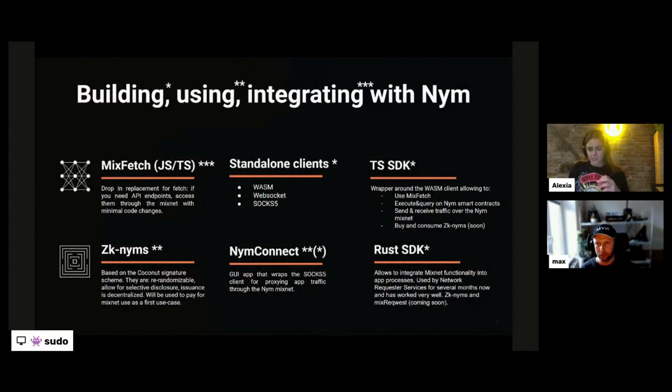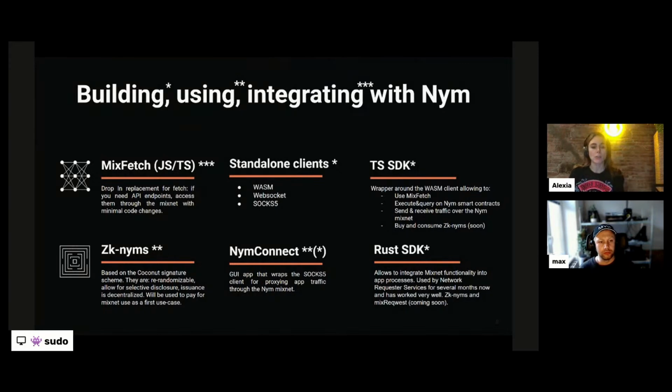So this is a slide that we've seen earlier, building, using, or integrating with Nym. As builders, the most obvious things that we've built internally for you to use would be either the TypeScript SDK, the Rust SDK, or the standalone clients. We're going to get into the intricacies of each in a little bit.